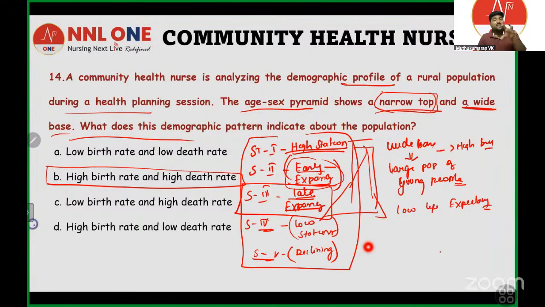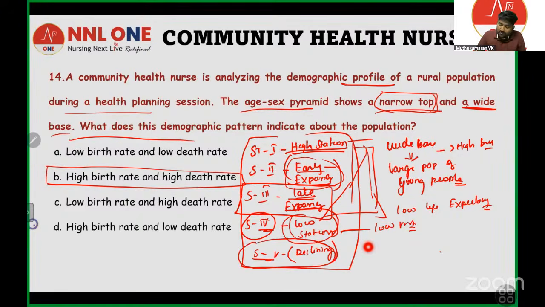Understanding the demographic gap is quite difficult, but somehow you can go through the concepts. Stage 1 is stationary, stage 2 is early expanding. Coming to stage 4, here it is low stationary, with low birth rate and obviously low death rate too, so there will be a narrow demographic gap.